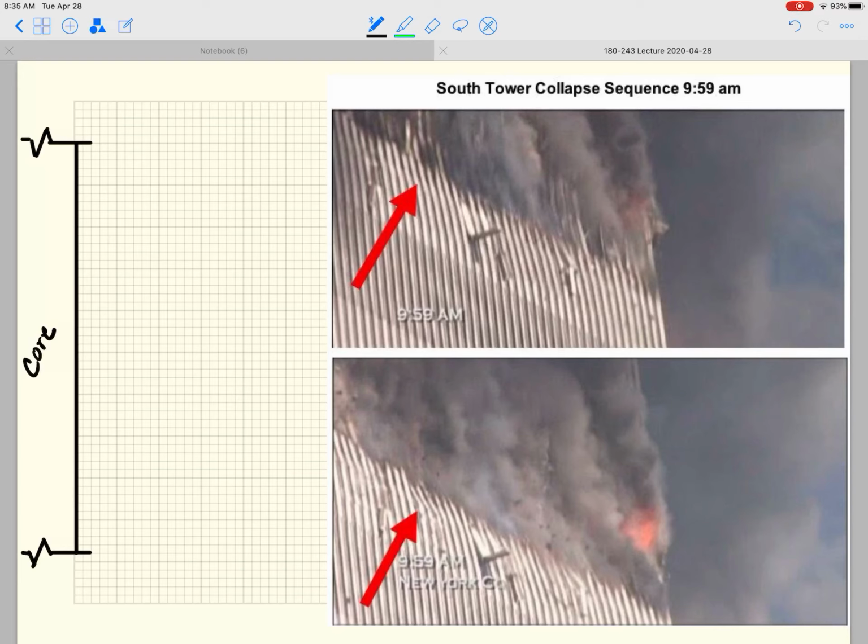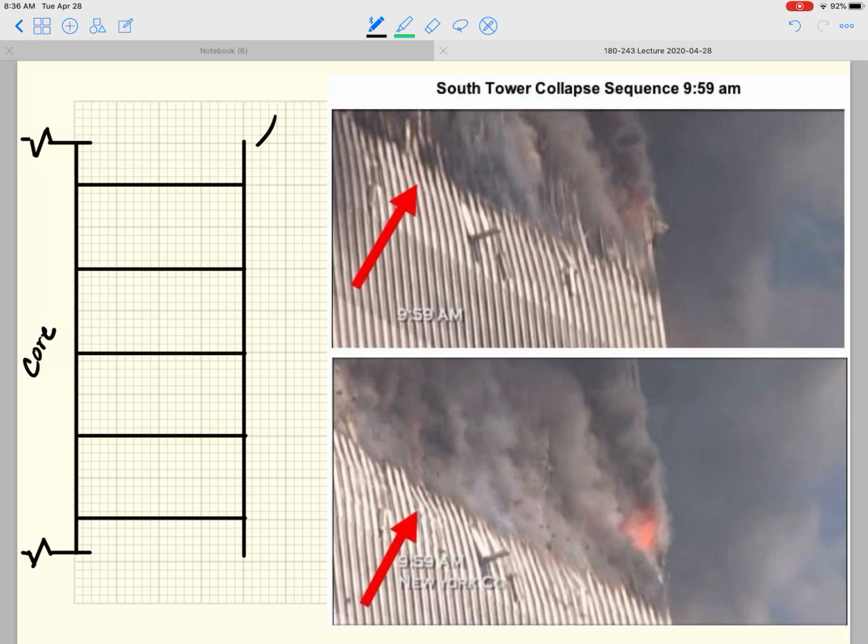And then we have, you know, every floor we have these trusses that span out, right, to the exterior columns, right?